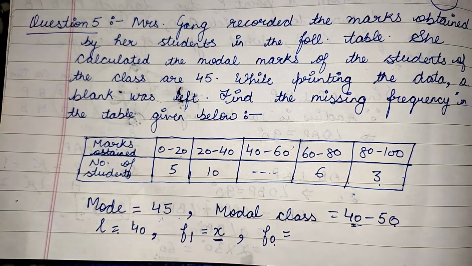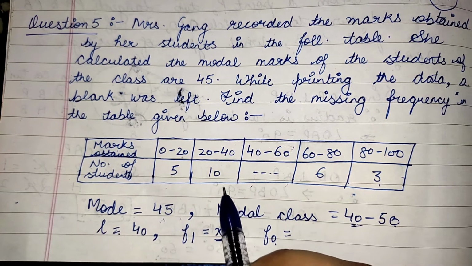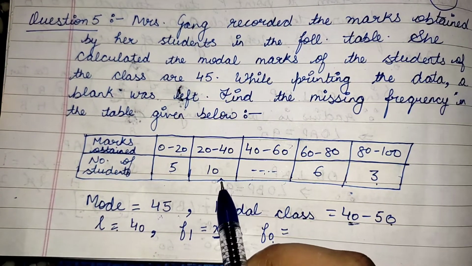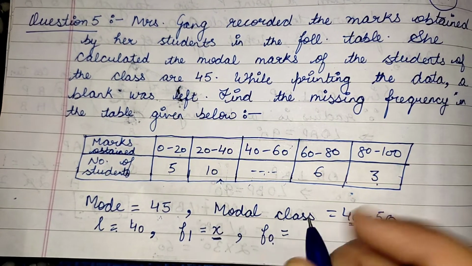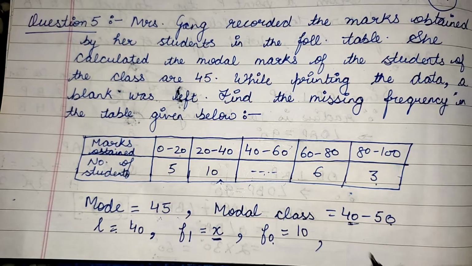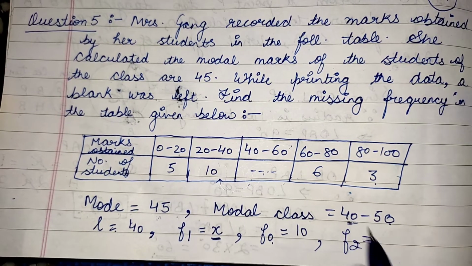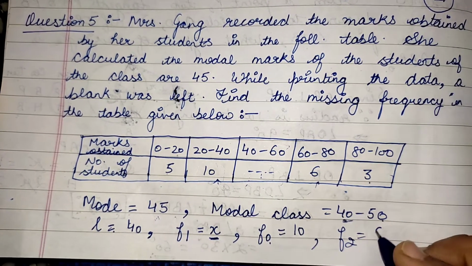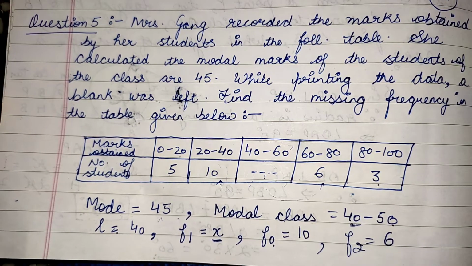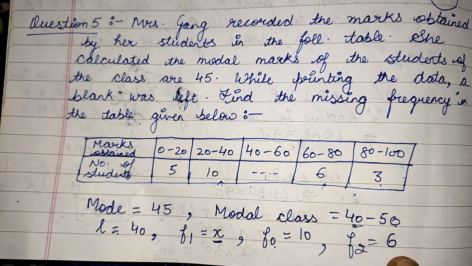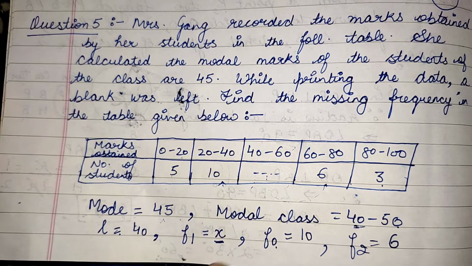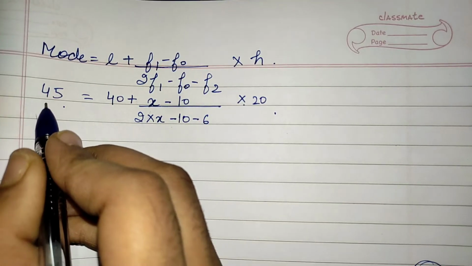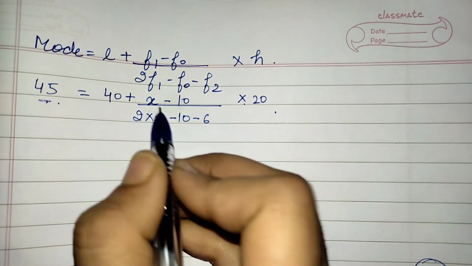And f0 is what? f0 is the frequency given below f1, which is 10, and f2 is the frequency given above f1, which is equal to 6. Let's put all these values in our formula and we will find out the value of the missing frequency, f1. So now we have to find out the value of this x.